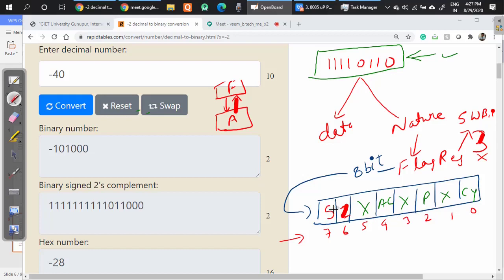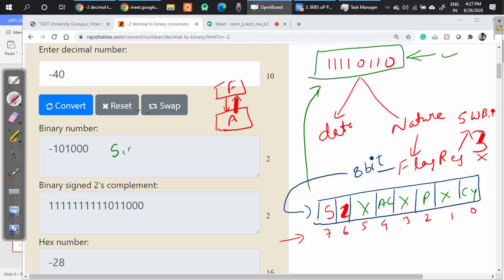Means you can say that these are like human beings sitting inside and they are observing the result. And as per their definition, if the conditions are met, they will change themselves. For example, I'll explain the first one, the seventh one, which represents the S flag.